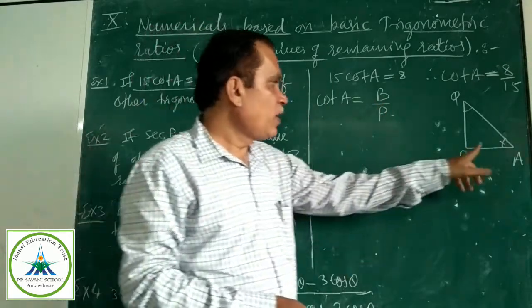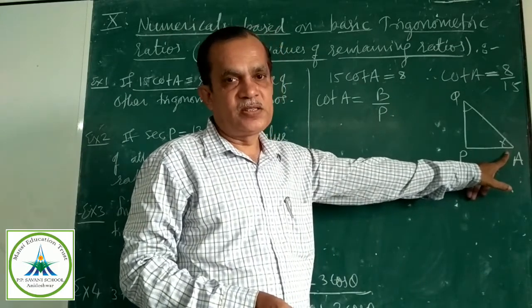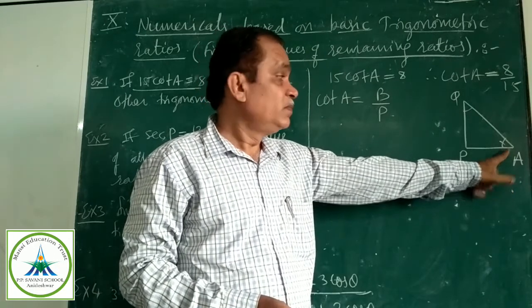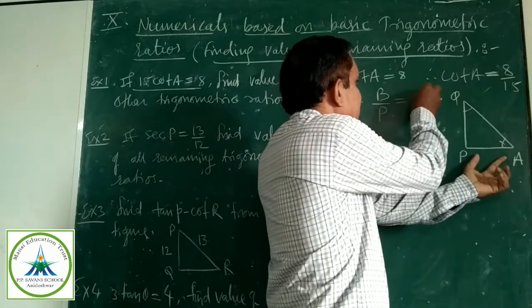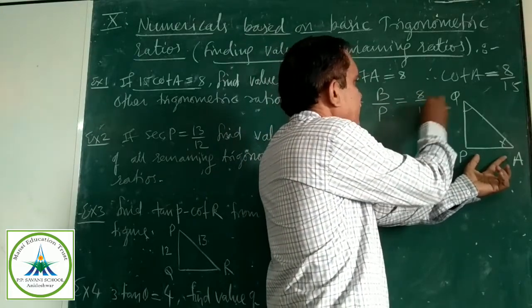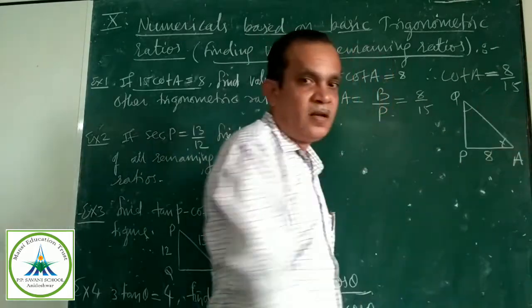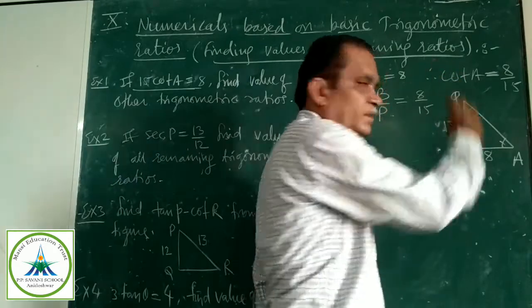For cot A, for angle A, which is the base? Another name of base is adjacent side, AP. You are given 8 upon 15, so this 8 I am writing here. Perpendicular, the opposite side, 15.